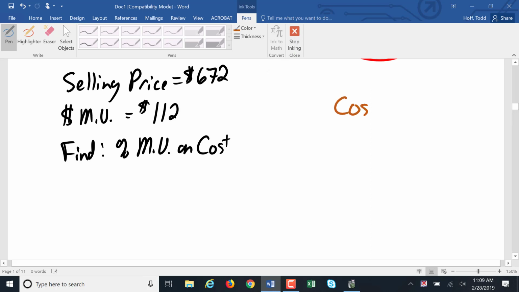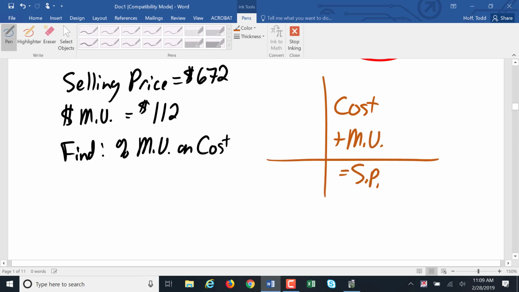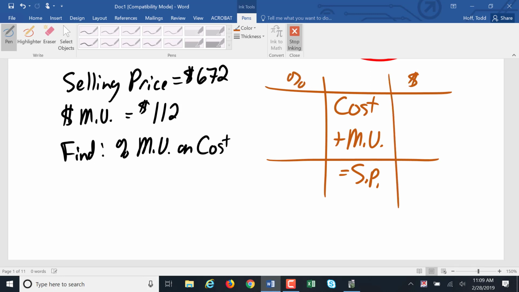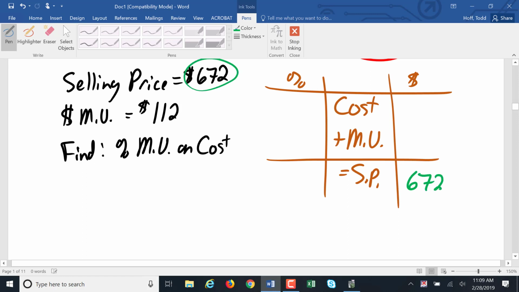So again, we still have our cost plus markup equals our selling price. So percent and dollars. We have $672 as the selling price. $112 is the dollar markup.